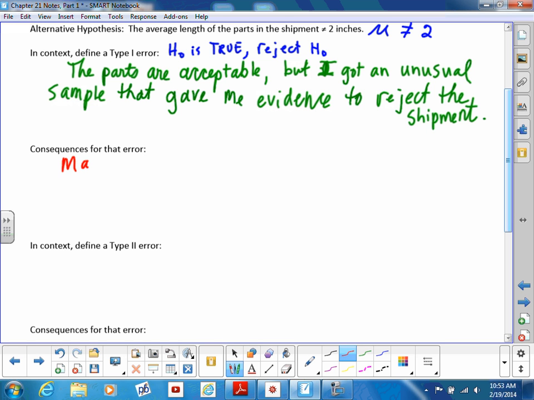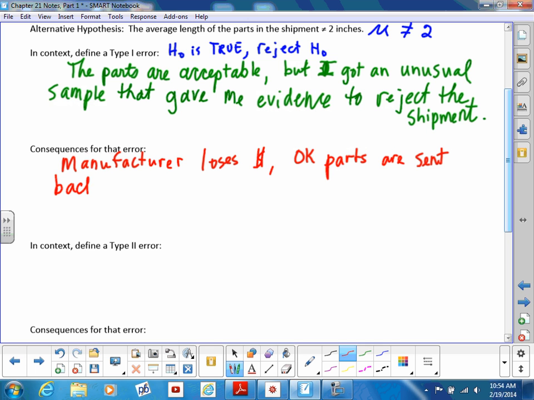The manufacturer that is making those parts loses money because okay parts are sent back and a new shipment has to be sent.